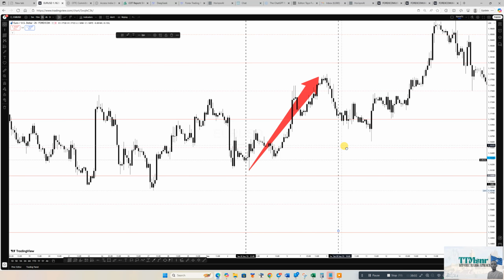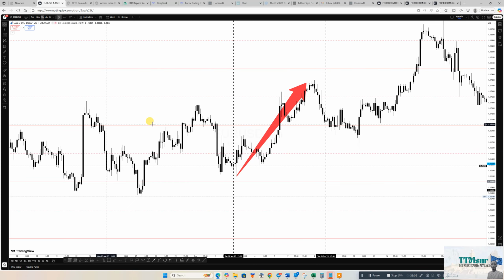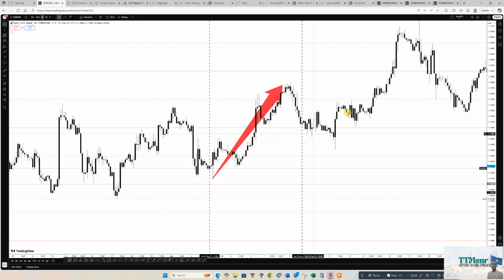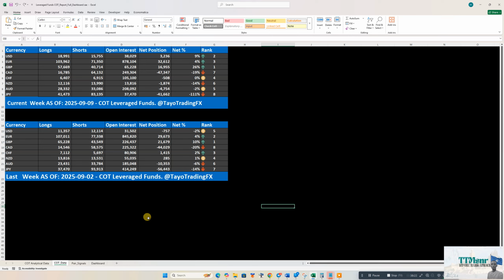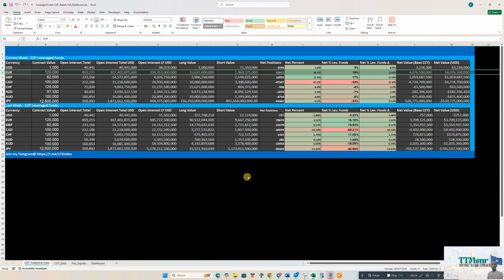So it means that this key level will make a continuation of this asset. After a little bit of drawdown, the market started pushing up. So the next week was also positive according to the COT analysis.